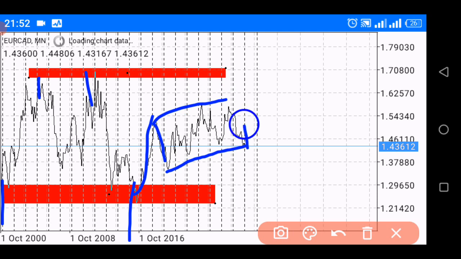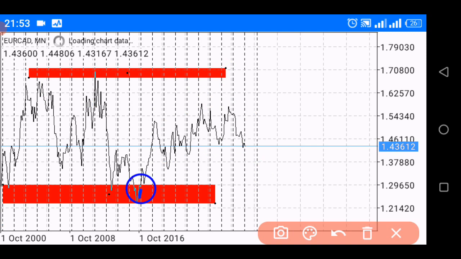We may probably expect a breakout to this downside or maybe this side, but we are actually expecting a breakout to the upside because of this pattern. But this is a corrective phase, not a reversal.